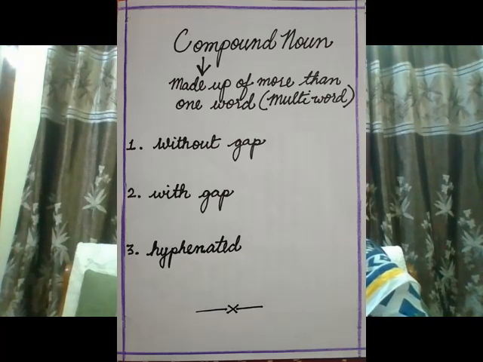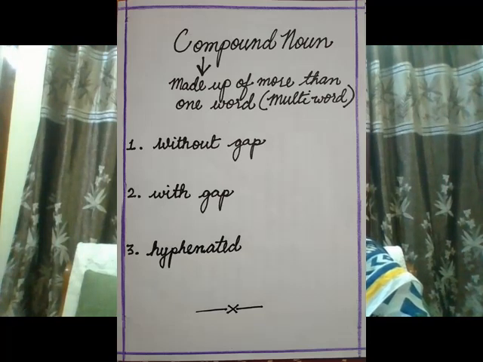This tabletop is a common noun also and a compound noun also. There are three ways to identify and create a compound noun. First one is without a gap. The second one is by giving gaps in between the words. The third one is hyphenated.